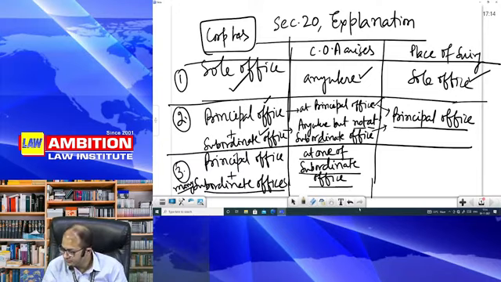Then from section 22 onwards, there is discussion on transfer of suits. Sections 22 to 25 basically talk of transfer and withdrawal of suits.